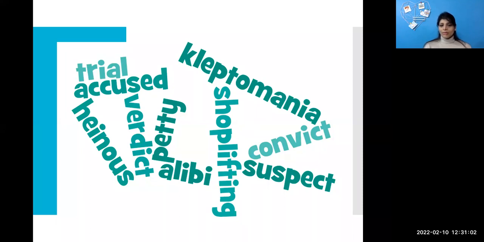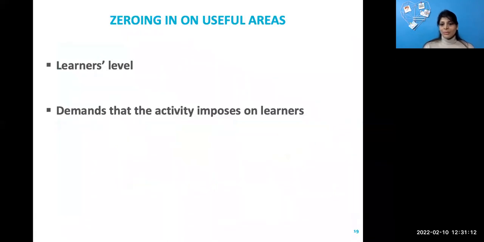Now, some of you might be thinking, how do we decide what to focus on? There's so much that we could focus on, but how do we decide? I would say two things can really help us here. The first thing would be the learner's level, of course. Based on the level of your learners, you could decide which particular language area you could focus on.